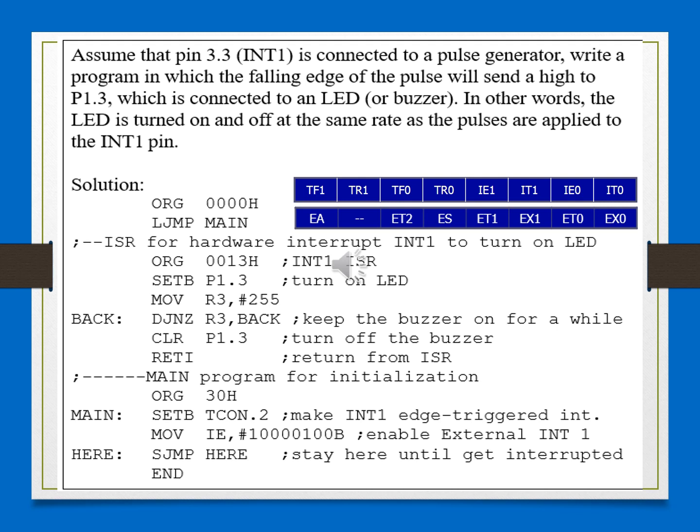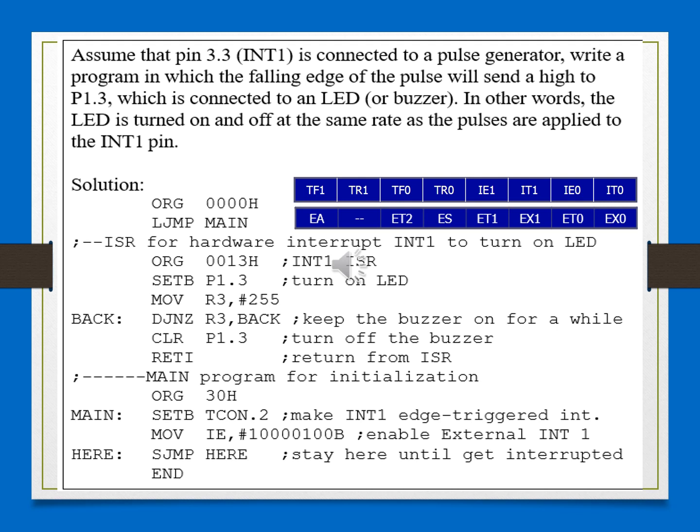In other words, the LED is turned on and off at the same rate as the pulses applied to the external interrupt 1 pin. I have placed both the TCON and IE registers here. The first part of the program is the first two instructions where you start your program, the second part is your ISR, and the third part is your main program.